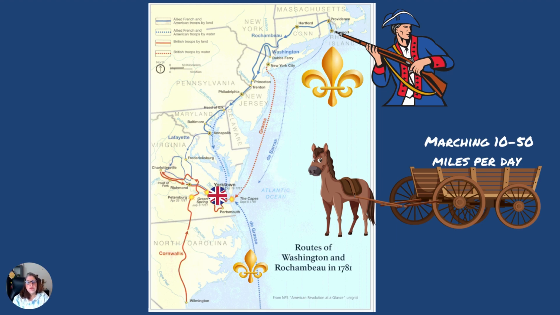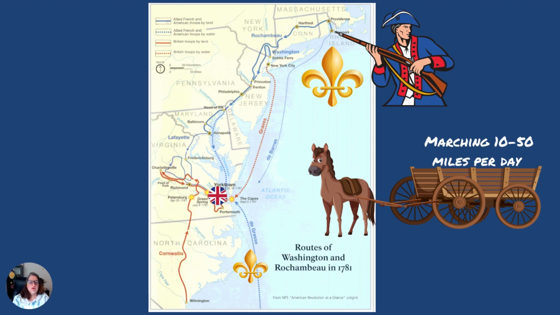But we notice that the red line coming up from the south is the British Cornwallis. And then we see that the blue is the Continental Army marching, and they march about 10 to 50 miles a day, with Rochambeau and Washington heading down to Yorktown.